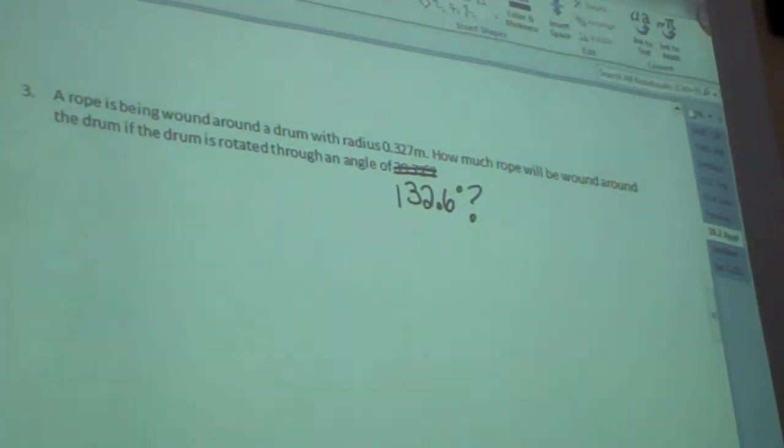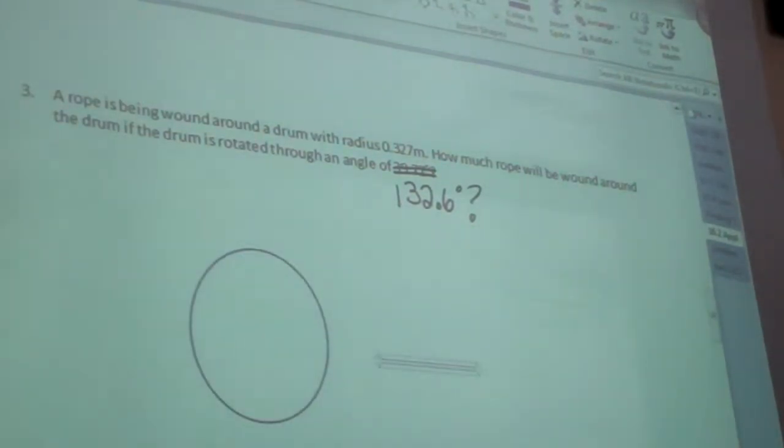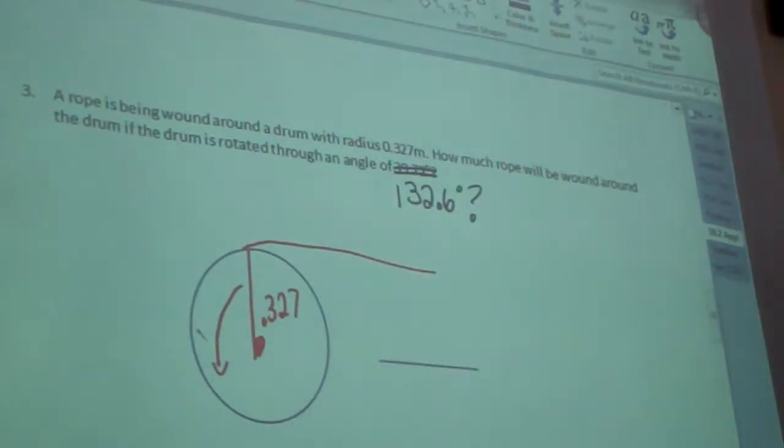So basically what it means is you have this drum right here, and you start to have this rope that's getting twisted around here. So this is kind of your starting point of it. We know that the radius is 0.327. And now this drum is getting rotated 132.6 degrees. So basically we want to know how much rope.